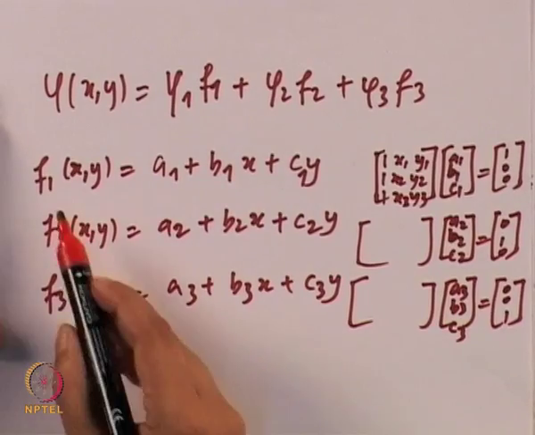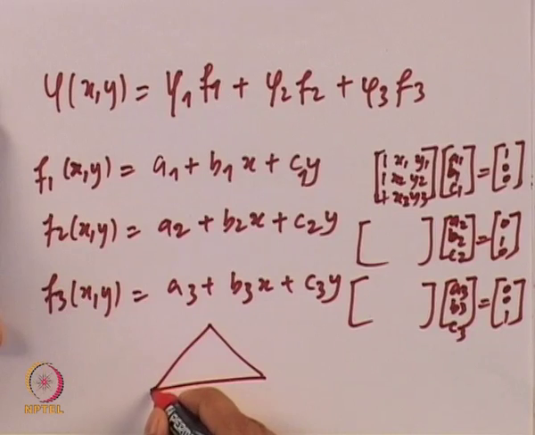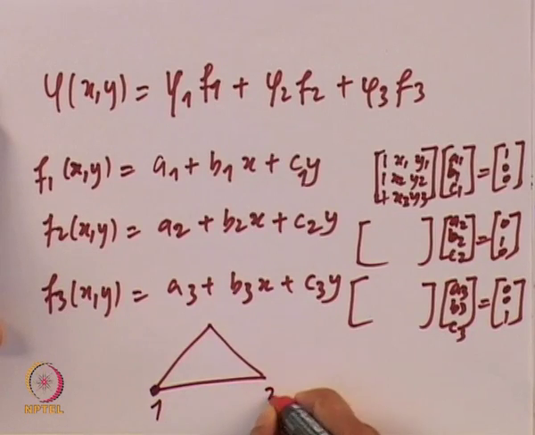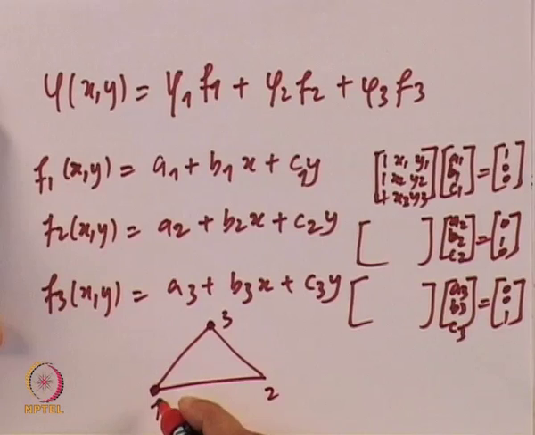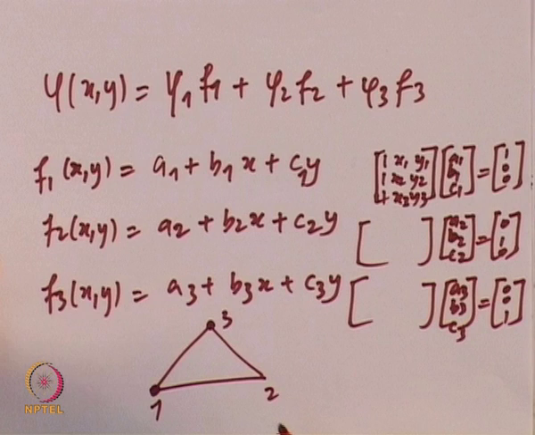What it means is, for a triangle like this, if this is the first node, second node and third node, the first basis function will have maximum value here and minimum value at these 2 points. So these are like slopes, what you can see. If I can draw it in 3 dimensions, then you might be able to appreciate it. I will try my best to do that.